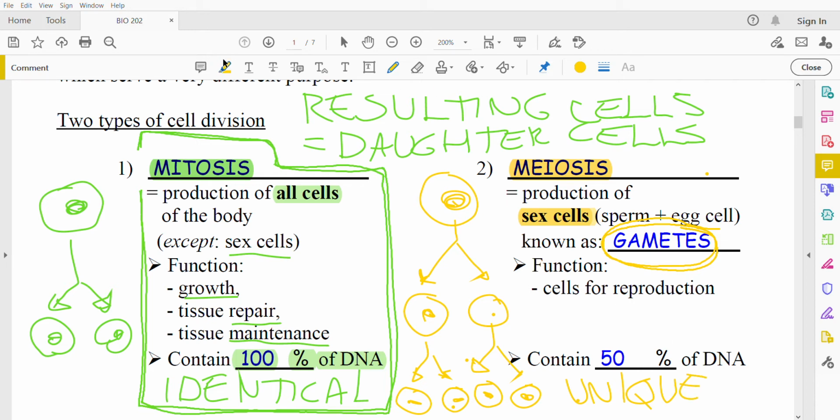Because we are preparing sex cells, each sex cell will contain only 50% of the DNA of a normal cell.